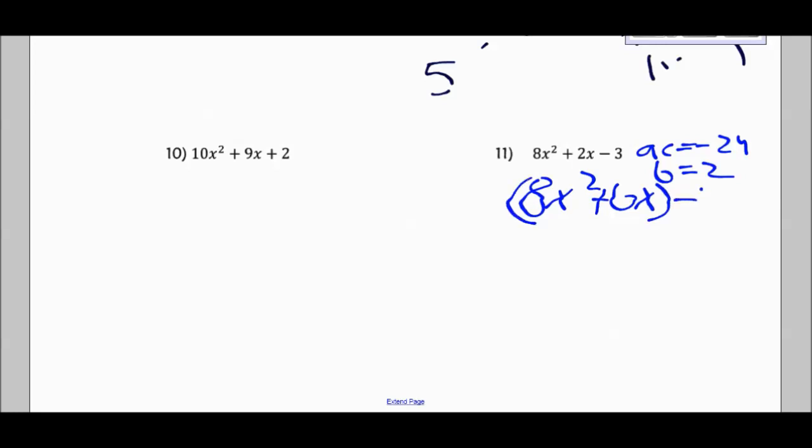And then minus 4x minus 3. And that's because anything that gets you minus 24. 6 minus 4, that gives you 2. So that's true. And then 2x times 4x plus 3.